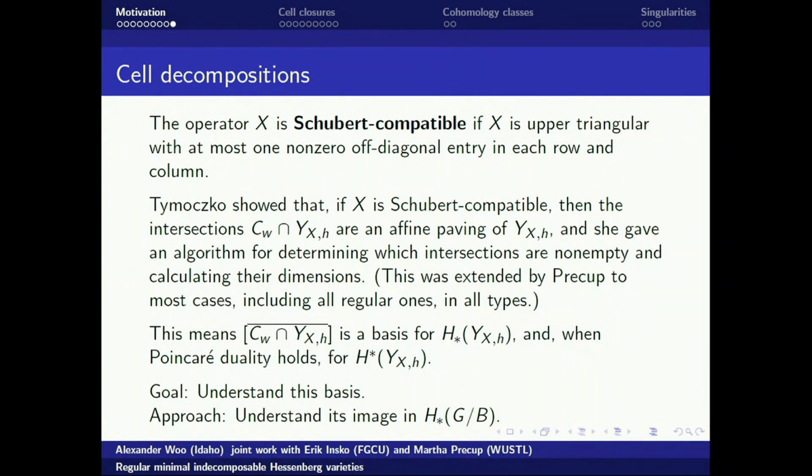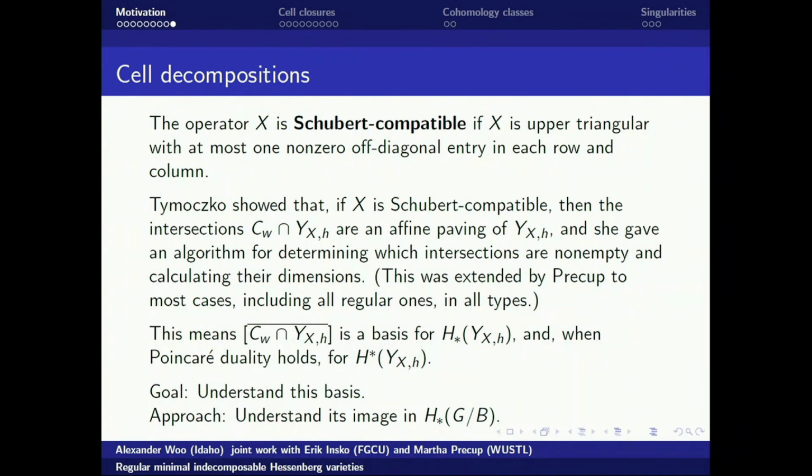And the approach here that we are basically just very much starting, because we're only going to do this for a few Hessenberg varieties, is we want to understand the image of this basis inside the homology of G mod B. Okay? And I say homology because these things are not necessarily smooth. I don't really want to think about cohomology on those things because we don't have Poincare duality. I don't exactly know what I mean by class of a subvariety in a cohomology.